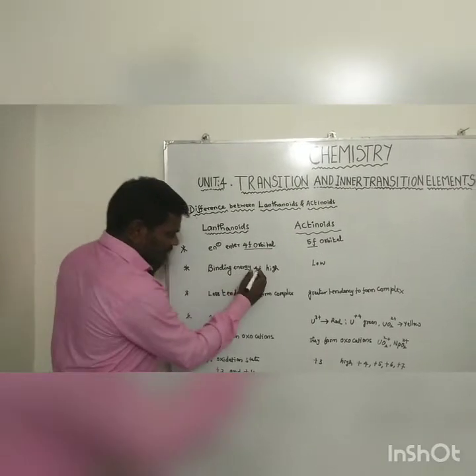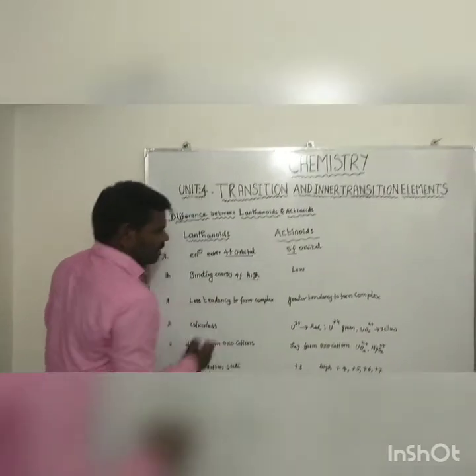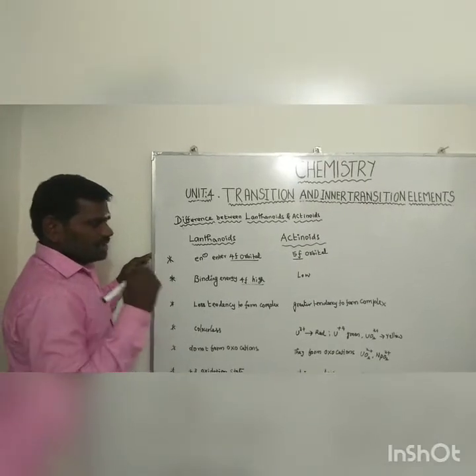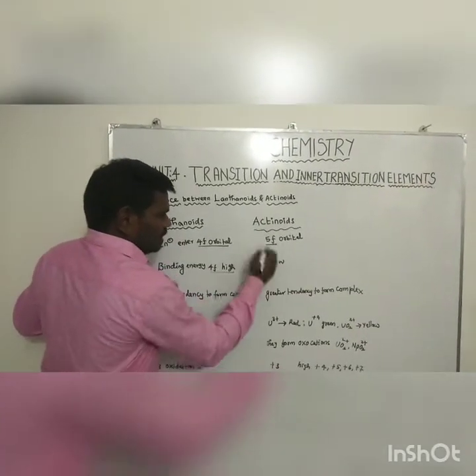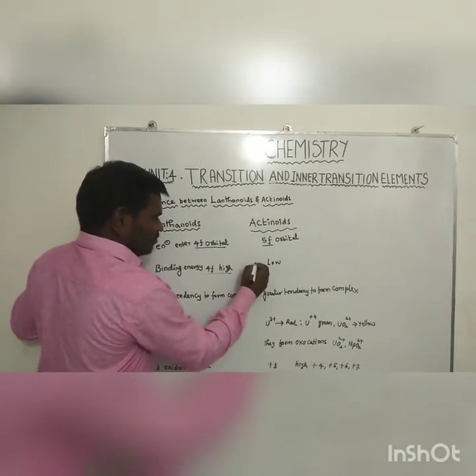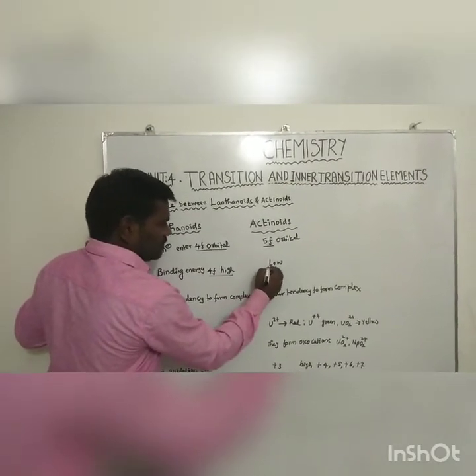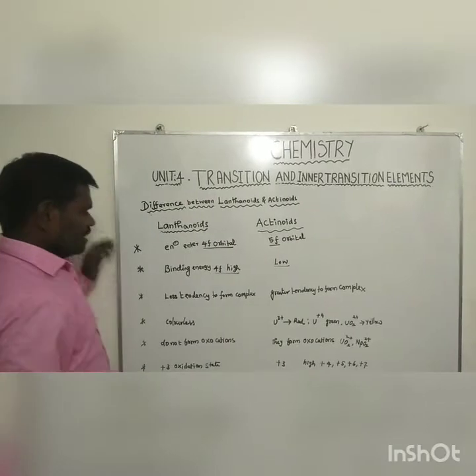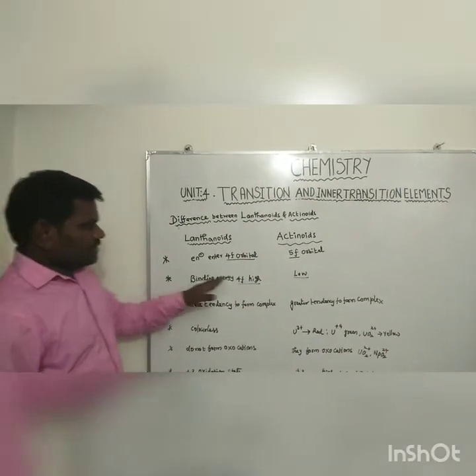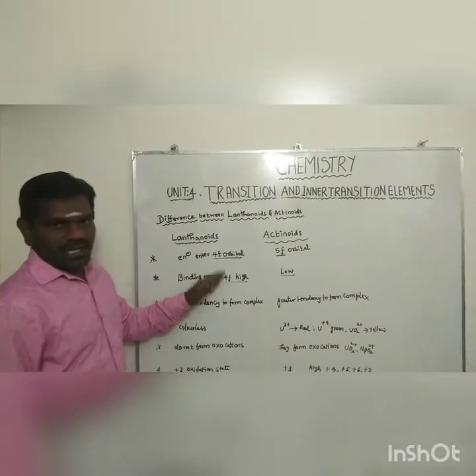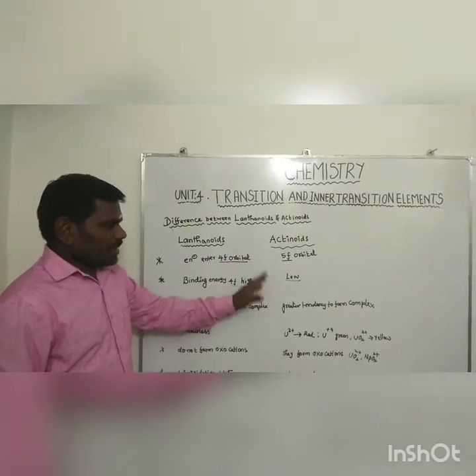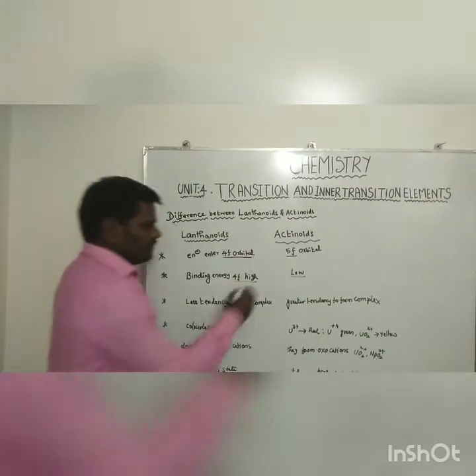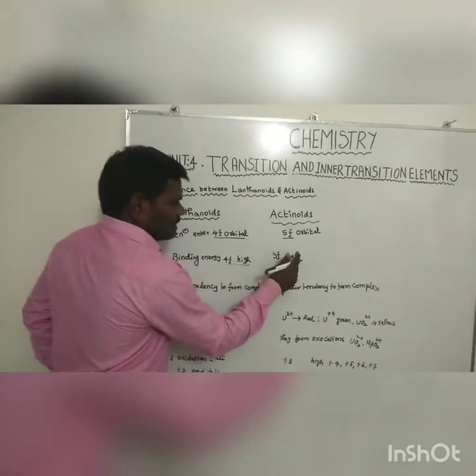The binding energy of the 4f orbital is very high, but in actinides the binding energy is very low. The binding energy of the 4f orbital is very high, but the binding energy of the 5f orbital is very low.